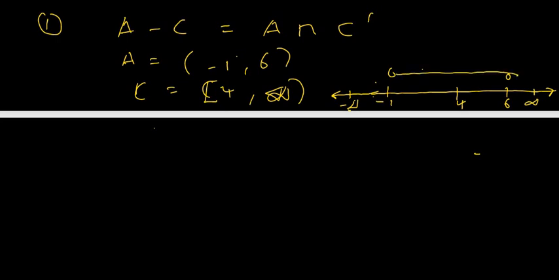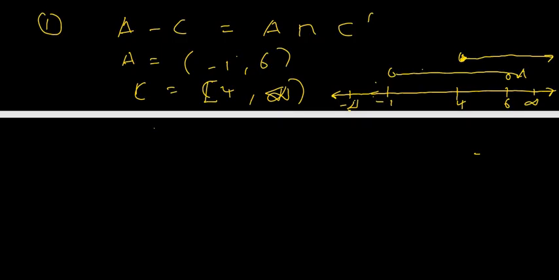So this is our A, not included. Then our C is from 4 all the way to infinity, which is included. So we want to find the intersection of these two sets. What is the intersection of these two sets where they are meeting?